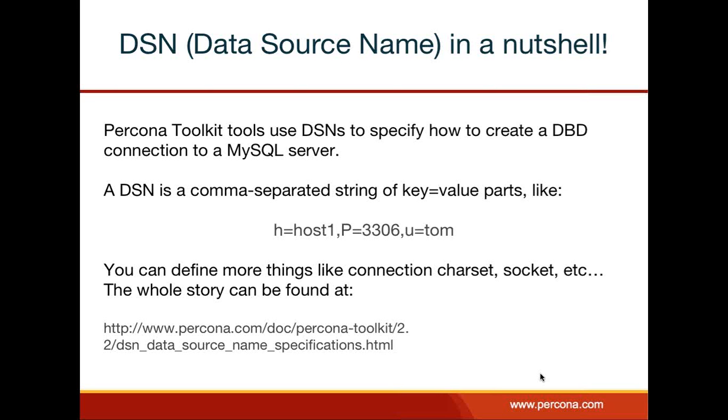For example, we can see h equals the host name, P (capital P) its port, and u for user. And there are more things that you can define, like the charset or the socket path, etc. You can find all the options on the documentation page.